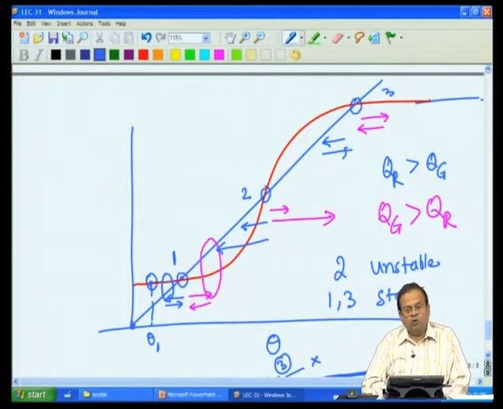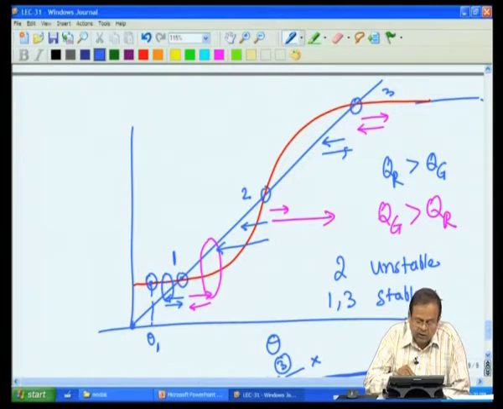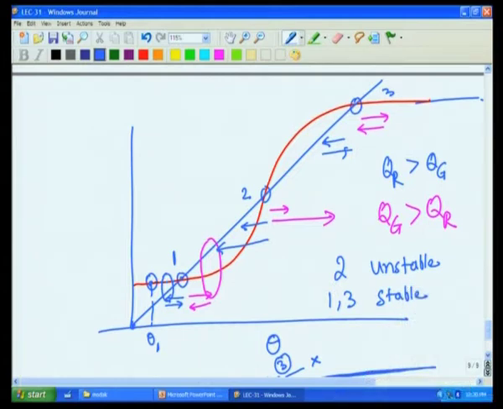But before we close for today's session, let us look at, in quantitative terms, what is this condition that is not satisfied at this particular point. What is the feature of steady states 1 and 3 which is not there in steady state 2? We can look at this in the following manner. Let us look at what is happening at steady state 3.